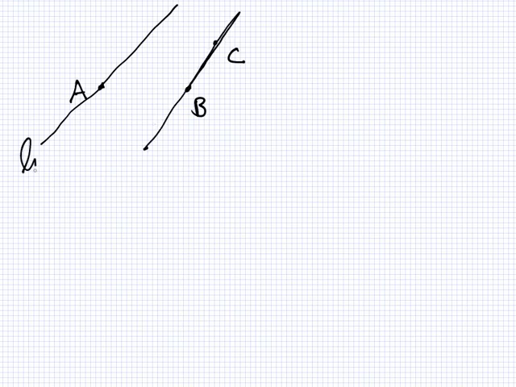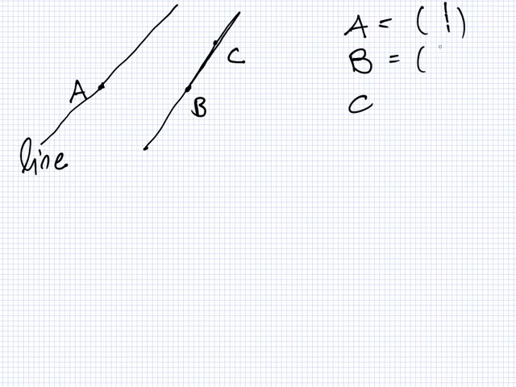So this is the line that I want. And these are parallel. And let's write down some examples. A, B, and C. So for example, A could be 1, 1, 1. B could be 2, minus 3, 2.